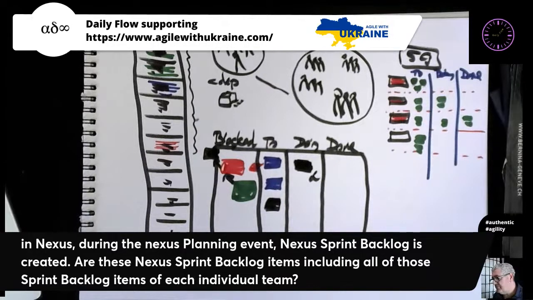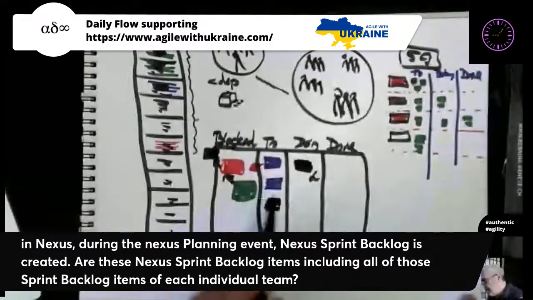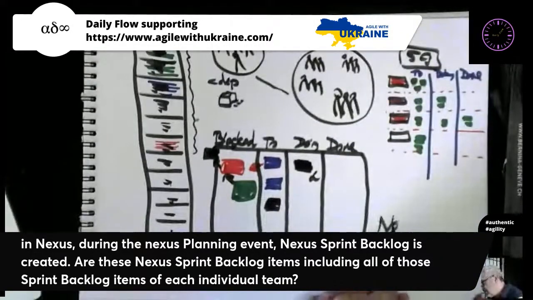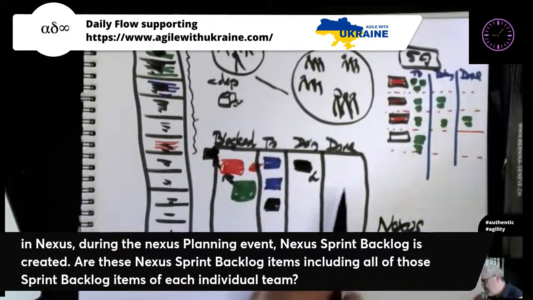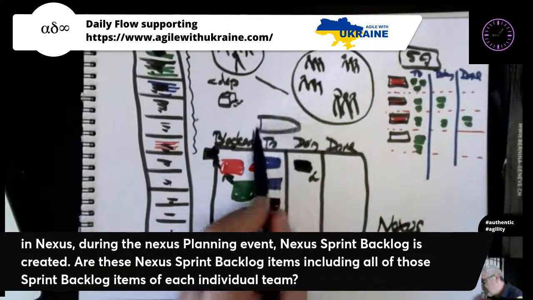So we've an idea. Well, you can do that on the dependency board now, but I would even do it on the Nexus Sprint Backlog, because every day this team has a thing called Nexus Daily Scrum. And what they do in the Nexus Daily Scrum is they look at what's going on. There's also, by the way, a Nexus Sprint Goal.